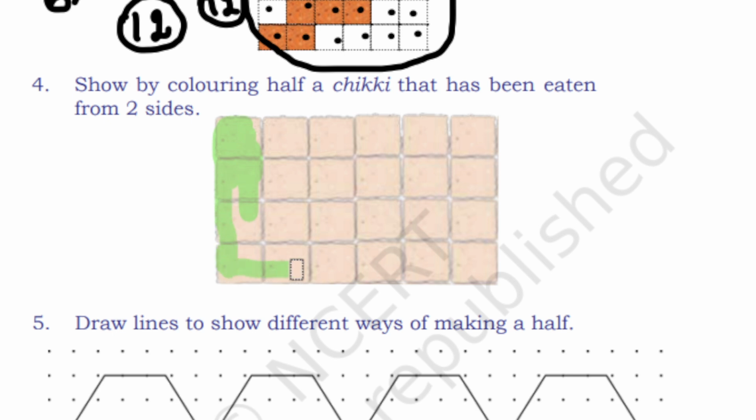Okay, we can shade like this. So this side 6 and this side again 6, because they told us half, we need to finish it.